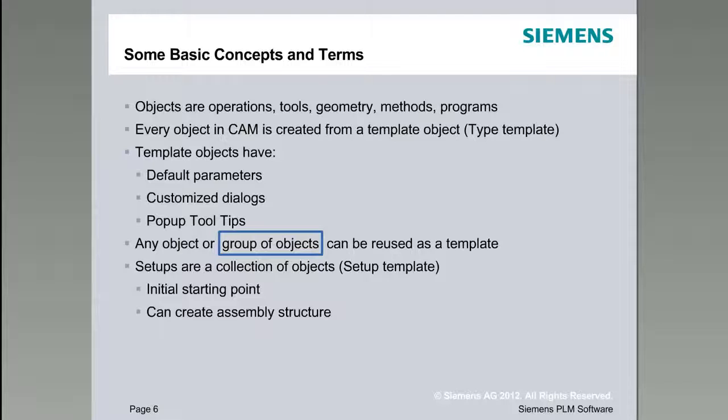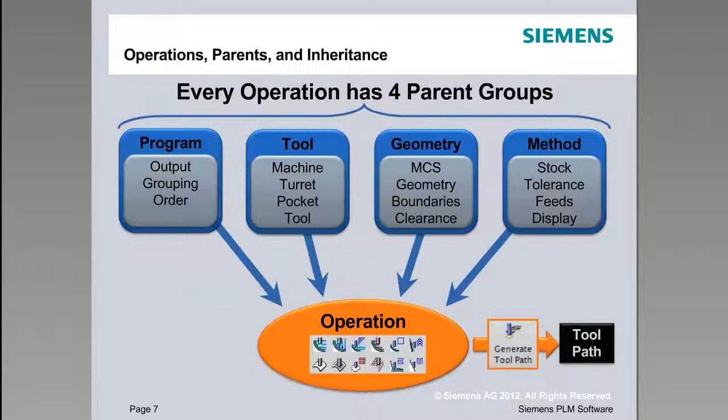When we create new objects, we always do it from a template. These templates have parameters, dialogs, and tooltips, and anything can be made into a template for reuse. Today we're going to focus on this group of objects, making a single template for a whole group of things that can be reused as a package.